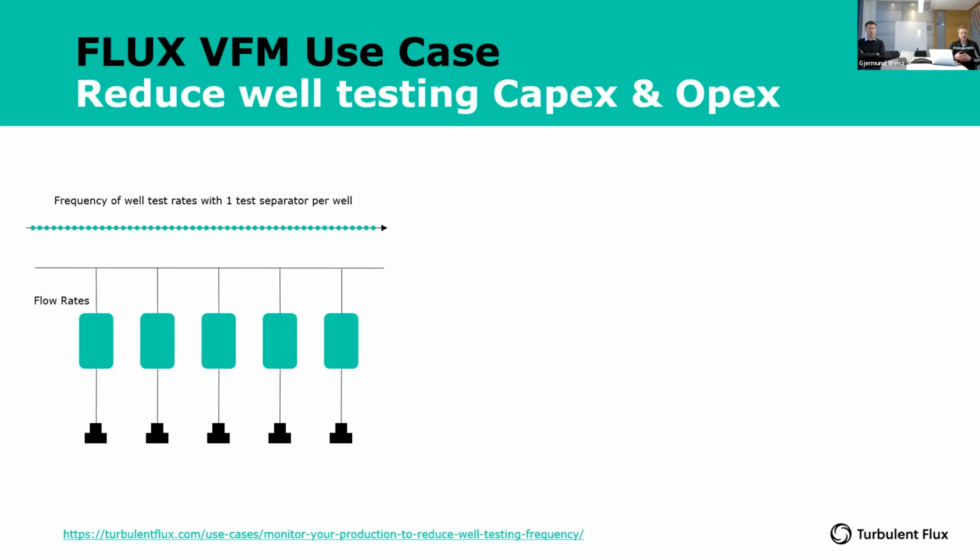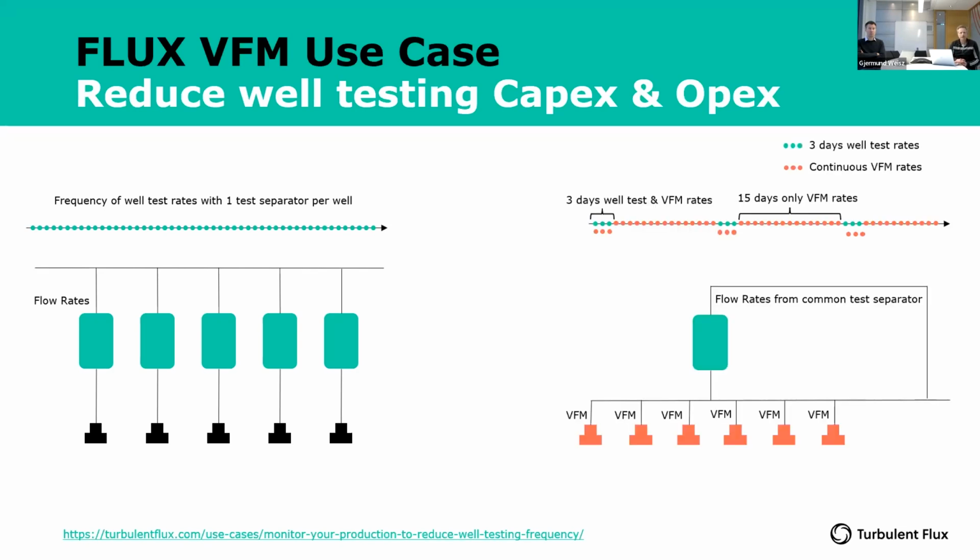So they want to keep this information, but then you can go over to virtual flow metering, where virtual flow metering is filling in where you are lacking separate testing. So here is an example where you have several separate vessels, and you can reduce it, like here, to one separate vessel for six wells.